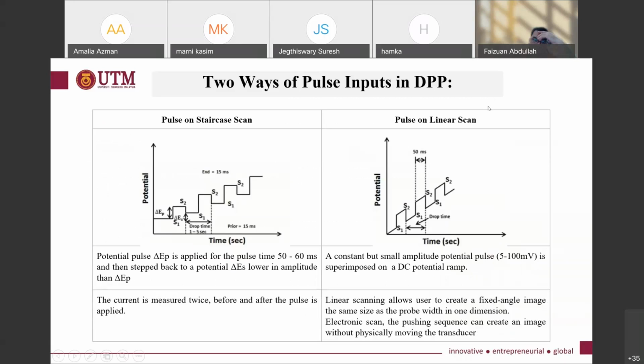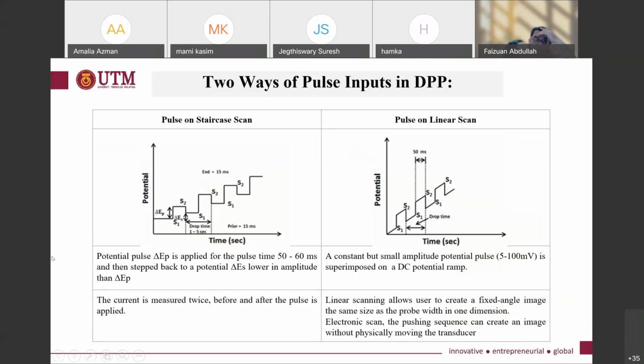Okay, so two ways of pulse inputs in DPP are pulse on staircase scan and pulse on linear scan. As you can see here, the diagram shows the difference between the two.